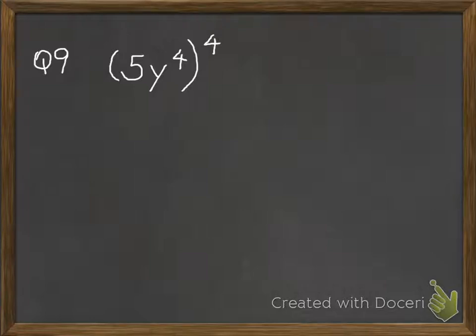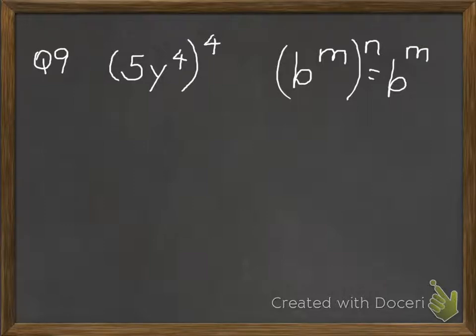Okay, so whenever you see a power to a power like this, a 4 to a 4, apply the power rule. The power rule says that if you have a base raised to a power, raised to another power, you multiply the exponents, m times n.